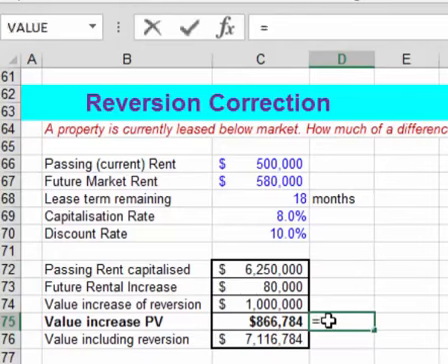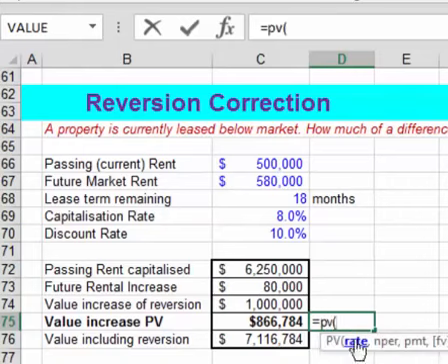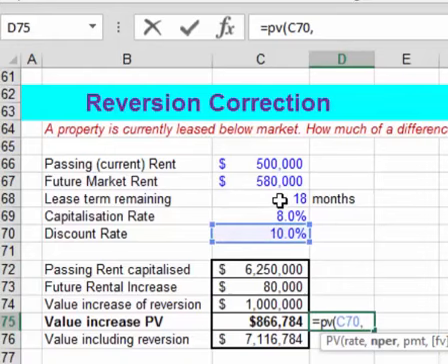You can use either the algebra that we used first up, or we can use the present value function. Present value function asks for the rate, which is going to be 10%. It's going to ask for the number of periods, which is going to be 18 months divided by 12. It's going to ask for the regular payment.